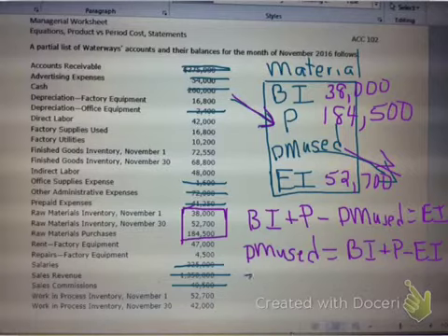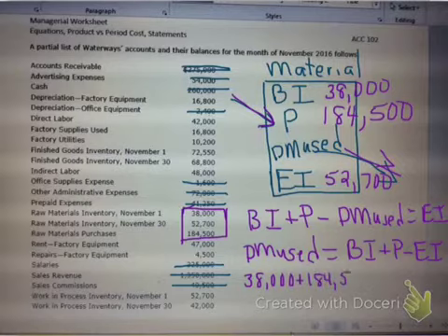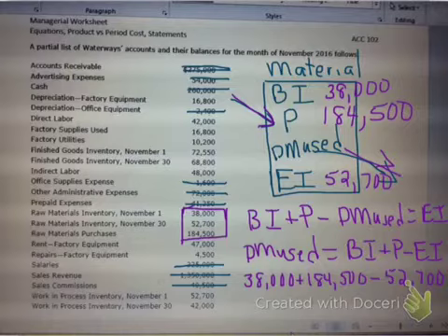So if I take 38,000, I add my purchases of 184,500 to that, and I subtract out this ending inventory of 52,700, then I will be able to find out what this direct materials used amount should be.